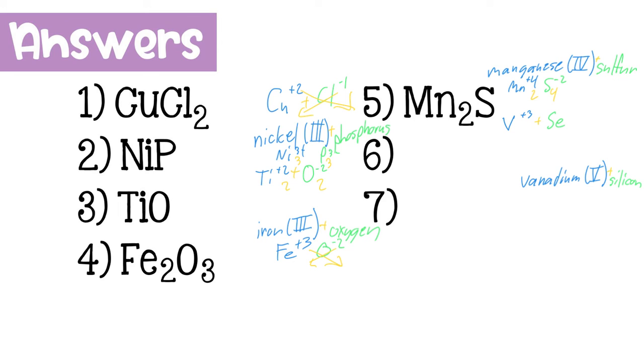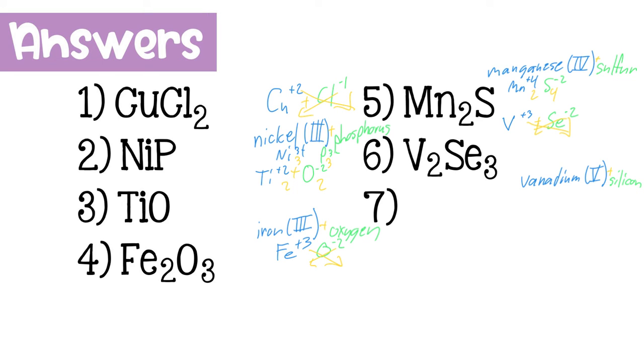For number 6, we have vanadium, V, with a +3 charge, and selenium, Se. Since we know that selenium has a -2 charge, we can then crisscross these and get V2Se3.